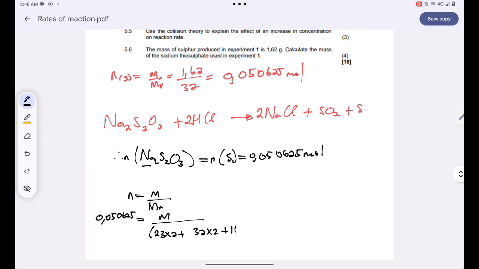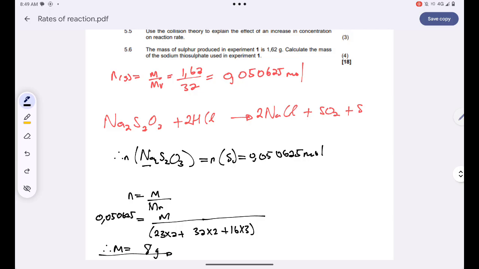Then oxygen is 16, and since I have 3 of them, 16 times 3. So the mass will be equal to 0.050625 multiplied by 23 times 2 plus 32 times 2 plus 16 times 3. And this will give me a mass of 7.998, which is just 8 grams.